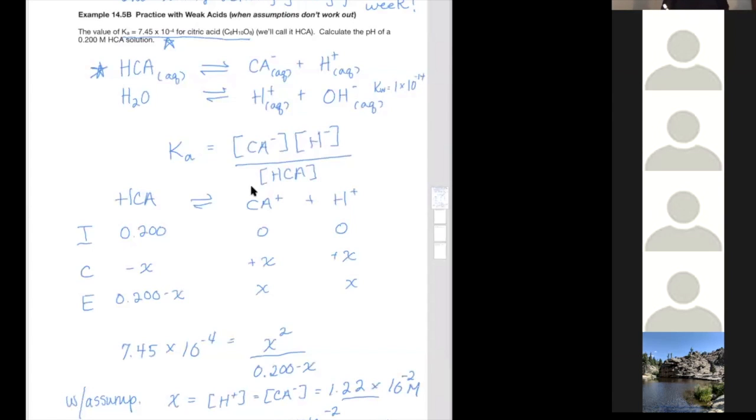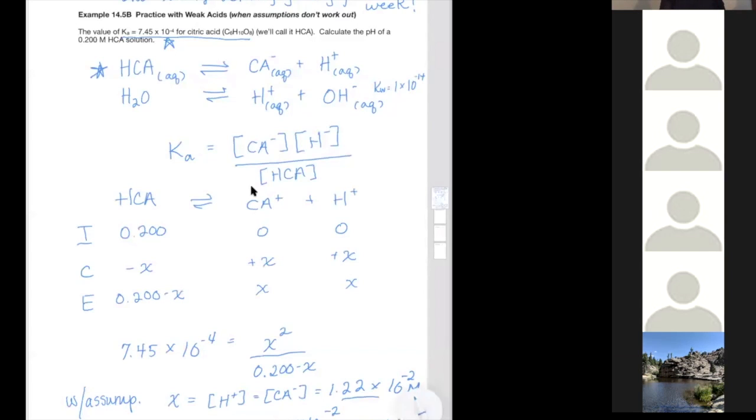You get 6.1%. So the assumption here doesn't work because it's over 5%. So basically we have to scratch that and start over.